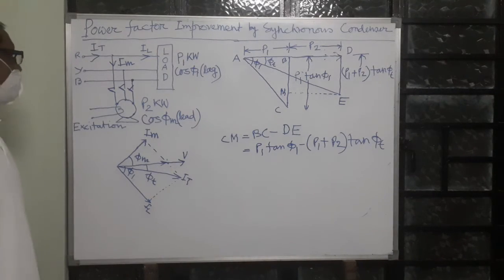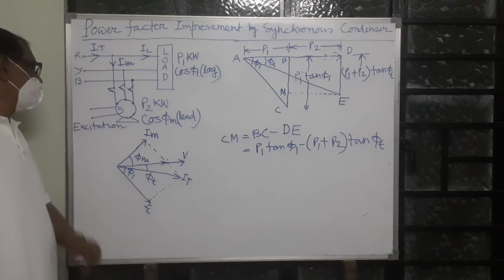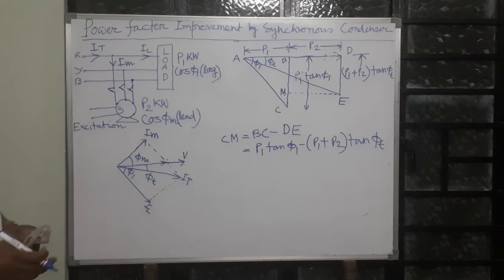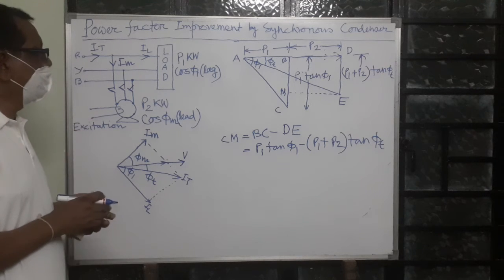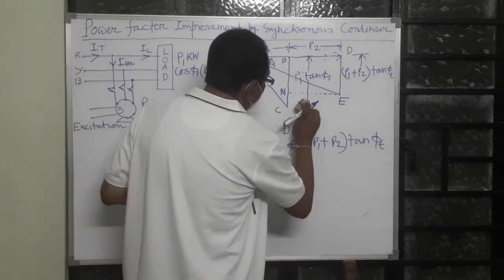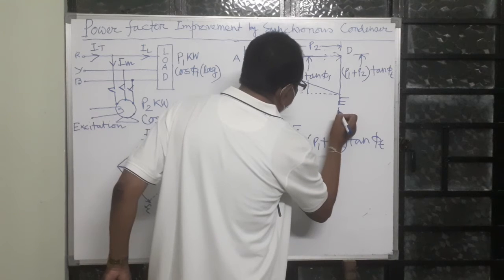Now we have to calculate the rating of the machine. As the synchronous machine is an AC machine, its rating is in kVA. We have to calculate it from the phasor diagram. We draw here.